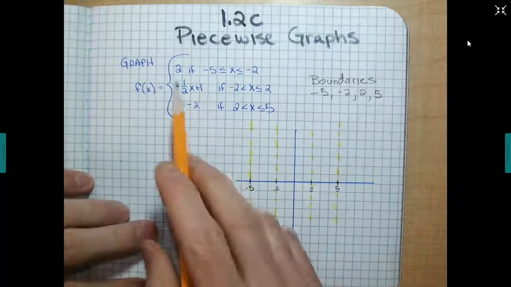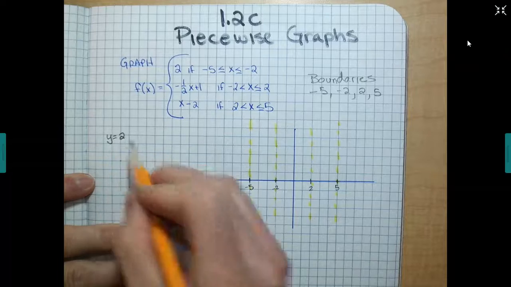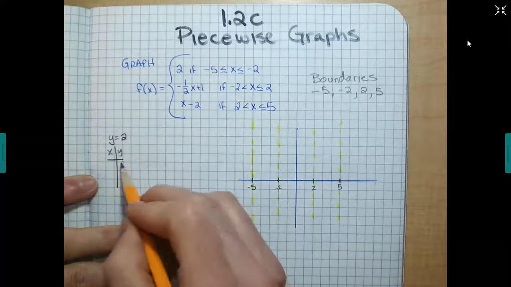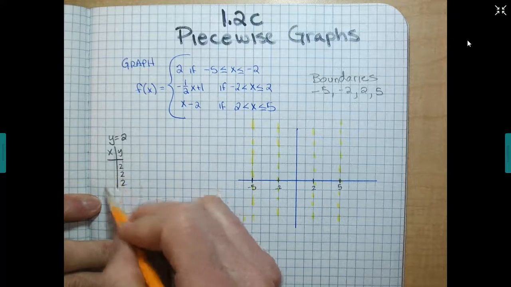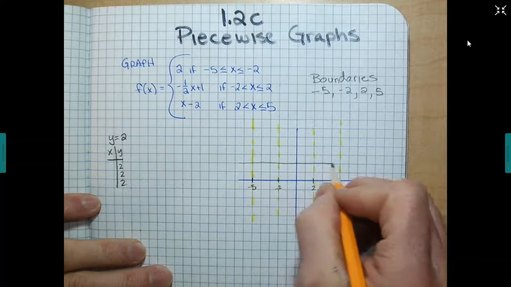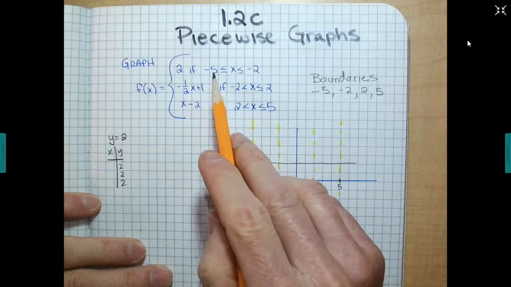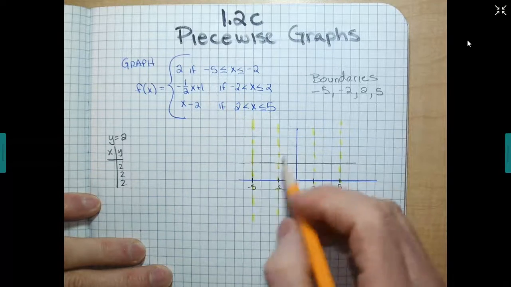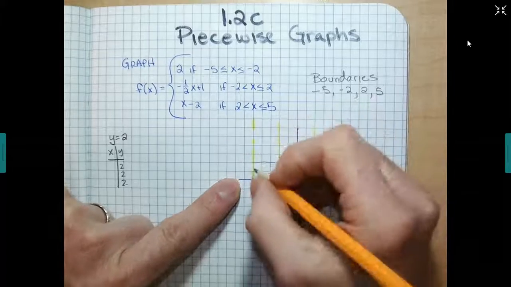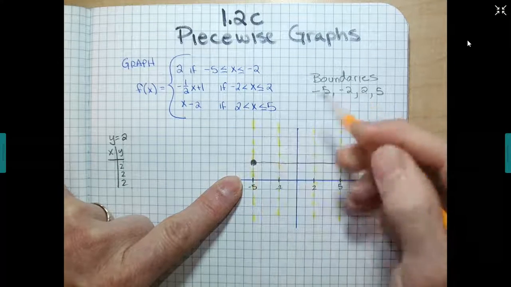All right. So our first function is y equals 2. Well, that's a horizontal line, right? No matter what our x value is, y equals 2. So there's our y equals 2. If x is greater than or equal to -5, so nothing smaller than -5, that's shaded in.